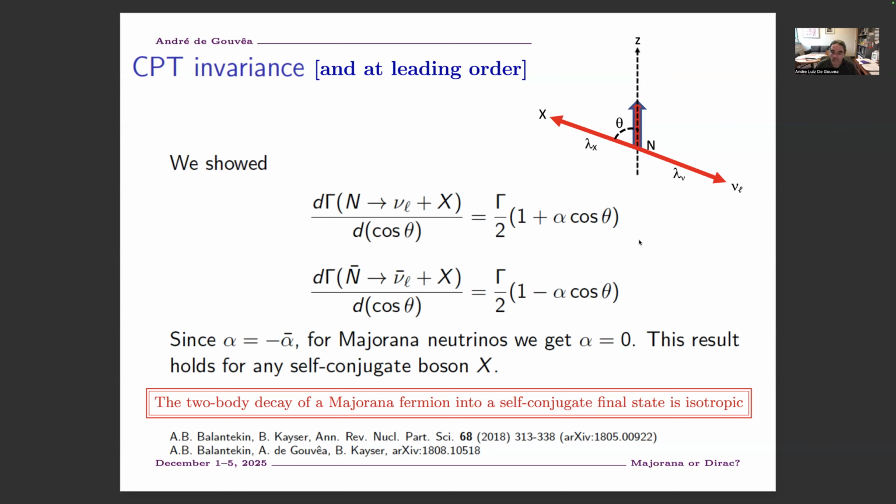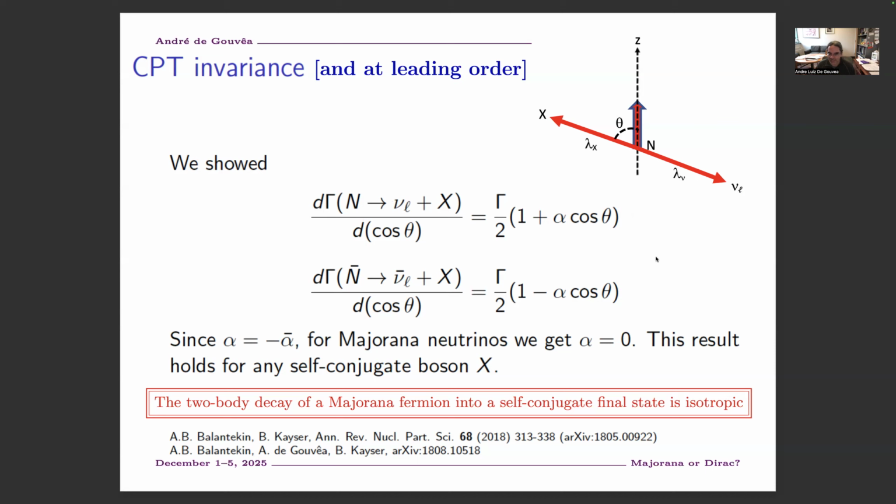So that means if we have a neutrino that's decaying, the neutrino will have a particular angular distribution. The antineutrino will have a different angular distribution. Now, if the neutrino is a Majorana fermion, the neutrino and the antineutrino are the same particle.